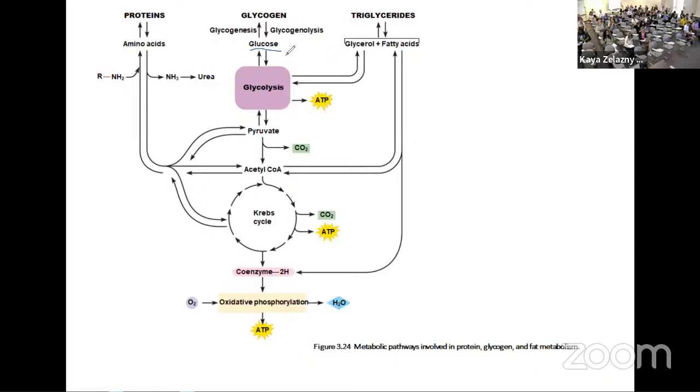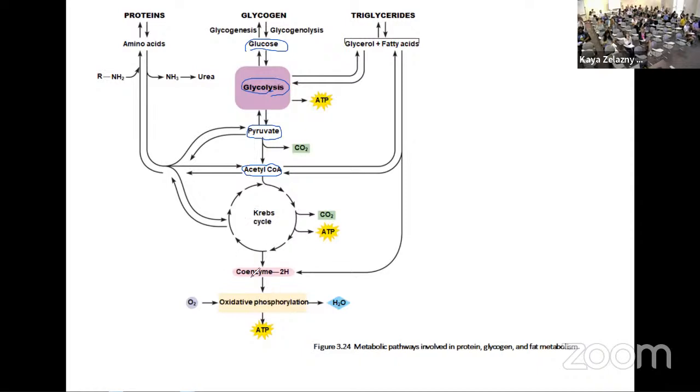So we want to remember that we're going from glucose through glycolysis, making some ATP. Our carbon ends up in pyruvate. Okay. Pyruvate turns into acetyl-CoA. The acetyl-CoA in the matrix of the mitochondria then goes through the Krebs cycle, also known as the TCA cycle.